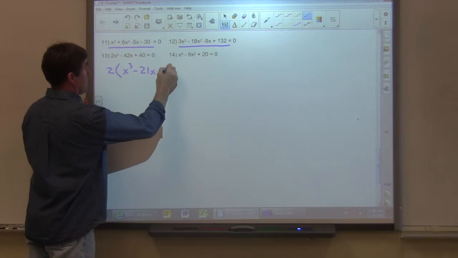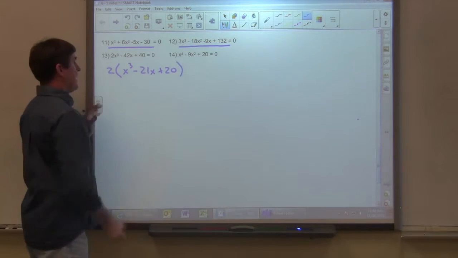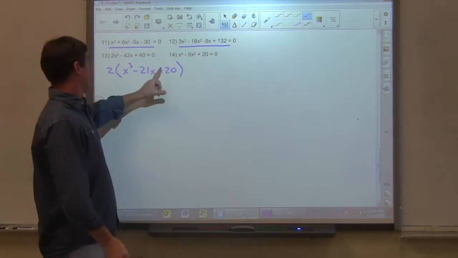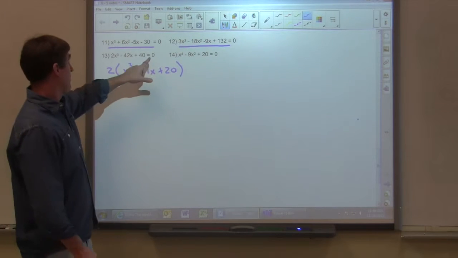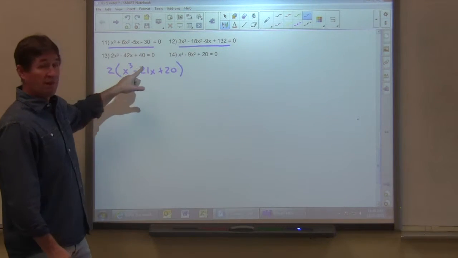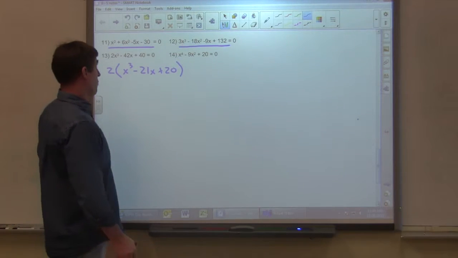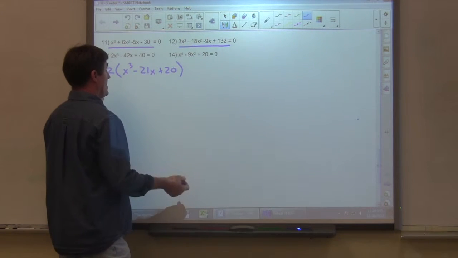If you don't pull out the greatest common factor, you'll still be able to get the right answer, but you just have to work with a lot bigger numbers, because remember, we'd have to do the factors of 40 over the factors of 2. Instead, now we're just doing the factors of 20 over the factors of 1, which is a lot easier to do.